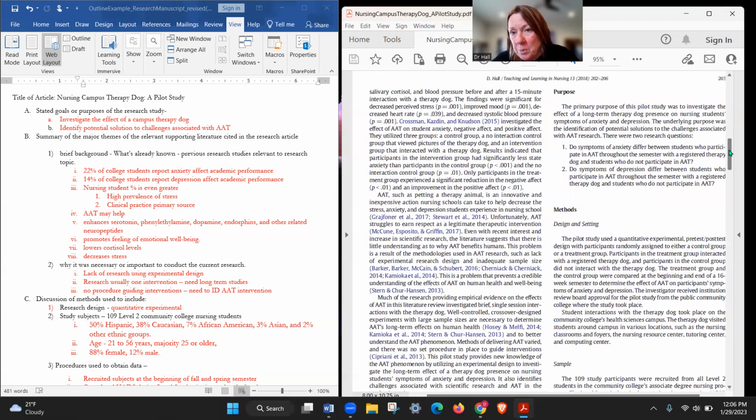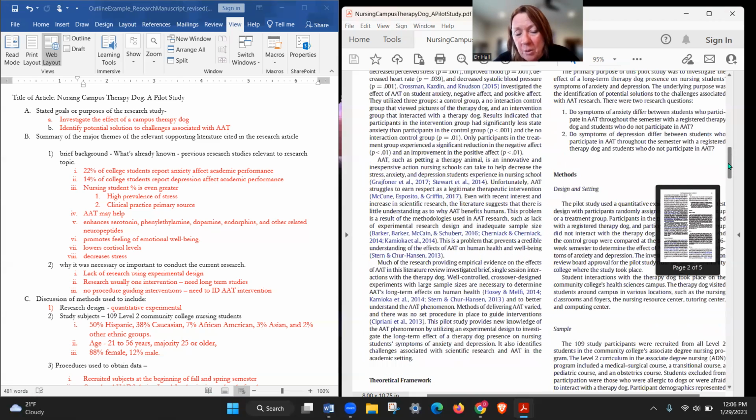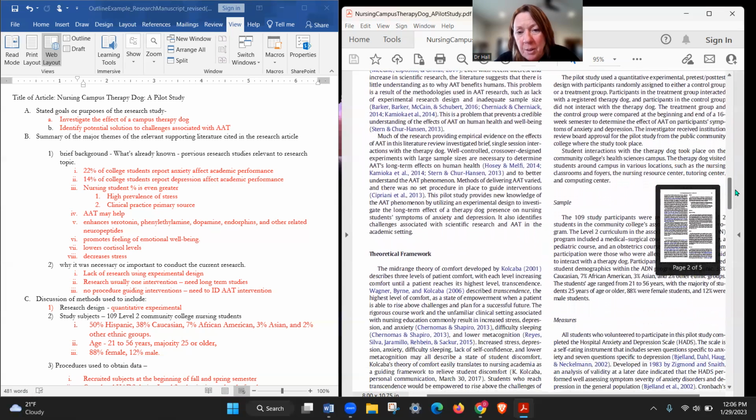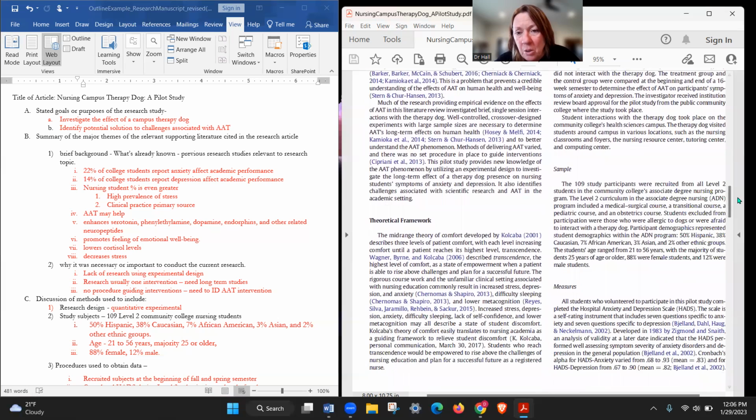Your next piece, and this one's background goes on a while. In this article, she talks about a theoretical framework, Kolcaba's comfort theory. A lot of research studies have a theoretical framework that guides the methods used in their research study. This particular study did have a theory guiding the research.